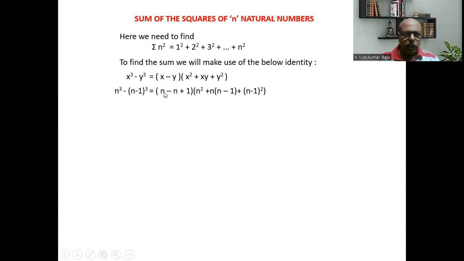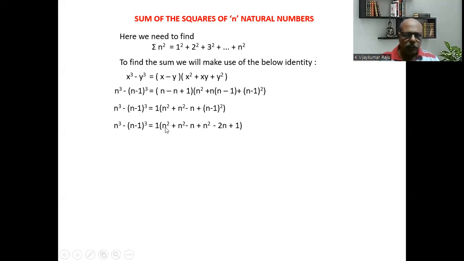Now here if you see, n minus n will cancel, only 1 remains here, and we open this bracket. So it takes this form. Here there is only 1, this is n², open this n into n² minus n into 1 is n, plus (n minus 1)². Here we further use the identity (a minus b)². So n² plus n² minus n, and (a minus b)² is n² minus 2n plus 1.